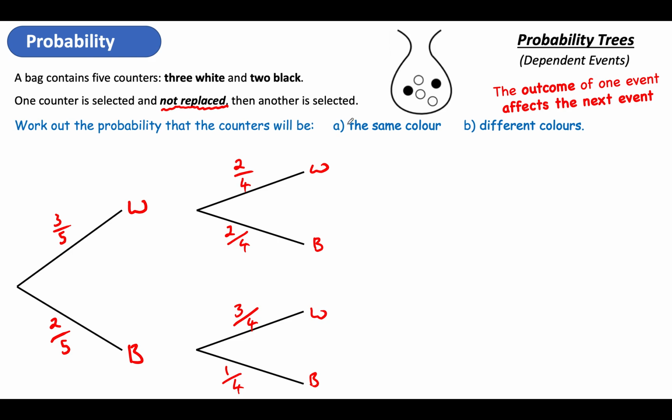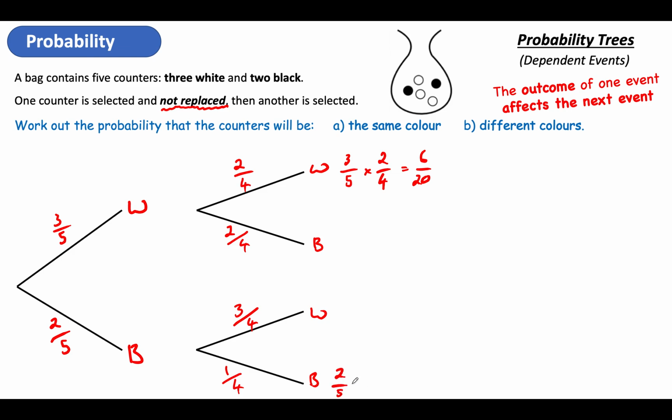Now let's do the probabilities then. What's the probability of the same colour? Well, there's 2 options for this, white, white, or black, black. So the white, white one will be 3/5 times by 2/4, because that's the journey to get here. That would be 6/20. Multiply the tops, multiply the bottoms. Or black, black, that's my other option.